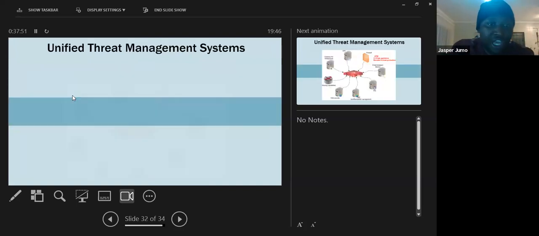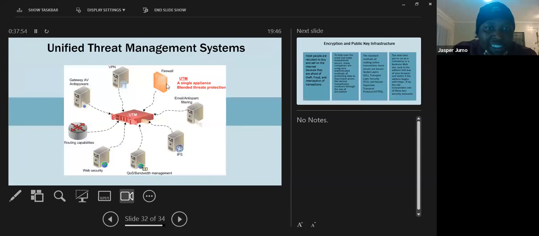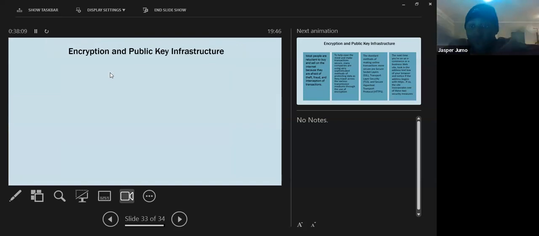For example, here you can see that a UTM can act as a firewall. At the same time, it can act as anti-spam filtering. It can act as an IPS, bandwidth management, web security, routing capabilities, anti-spyware, VPN. So all these separate gadgets are combined in one gadget called a unified threat system.